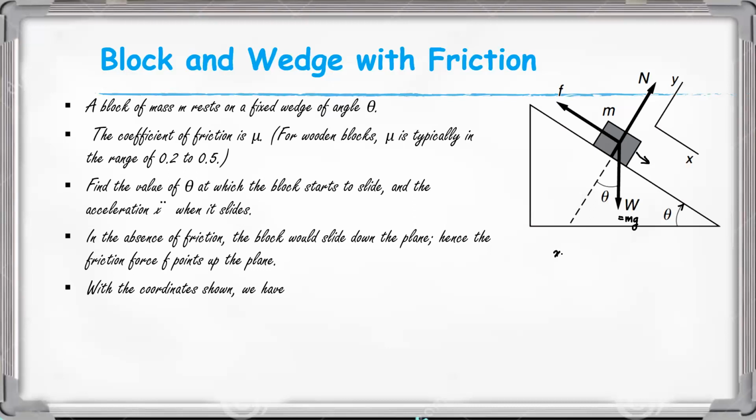Then we know that the mass is m, so m x double dot must be equal to the force along the x direction. Similarly, m y double dot is equal to Fy.